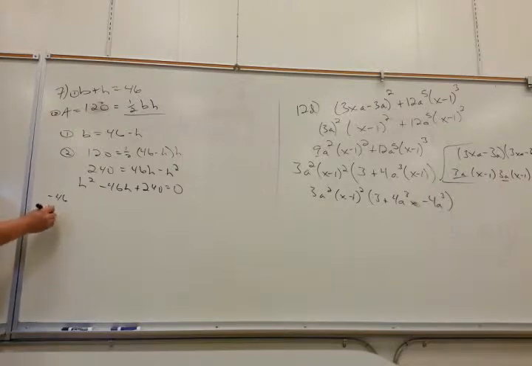Like negative 10 and negative 36, but those multiply to be 360, that's too much. So maybe I try negative 12 and negative 34. That still makes 46. It's 40 and 6.